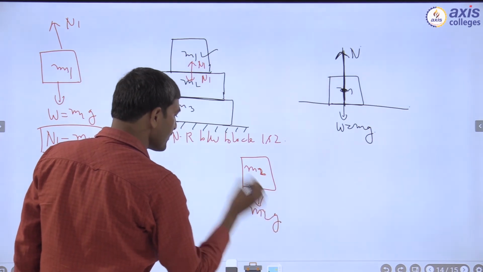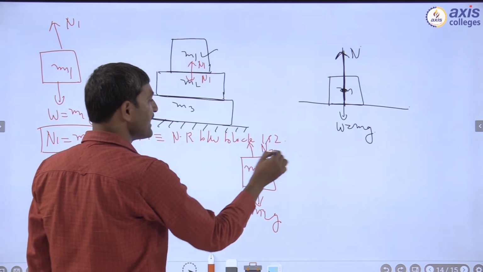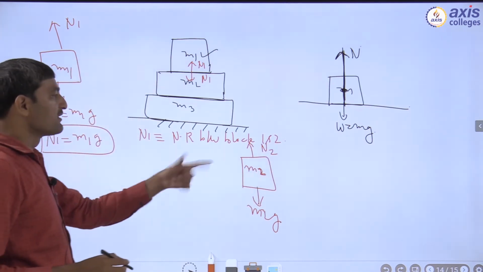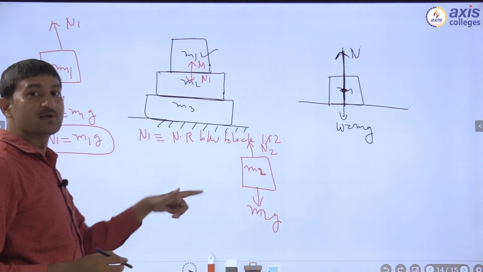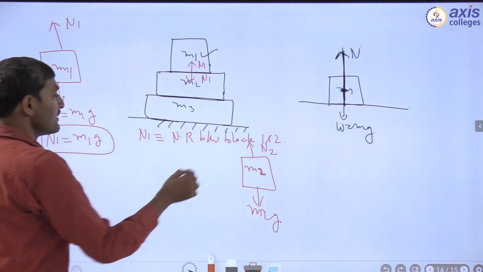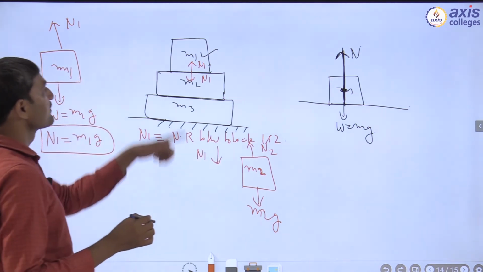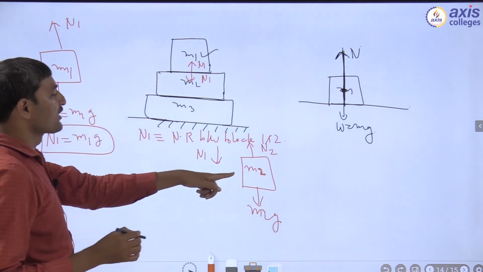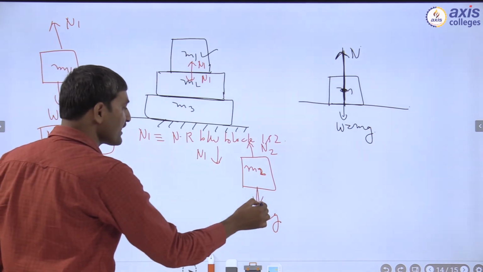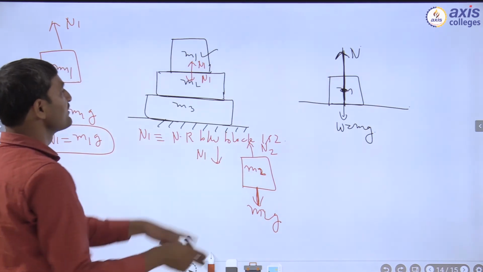This is the weight on block 2, and this is N2. If I write N2 equal to m2g, then it will not be correct, because for block 2, the normal reaction from N1 will work in the downward direction. So for block 2, m2g is downward, and N2 is the normal reaction between the blocks.